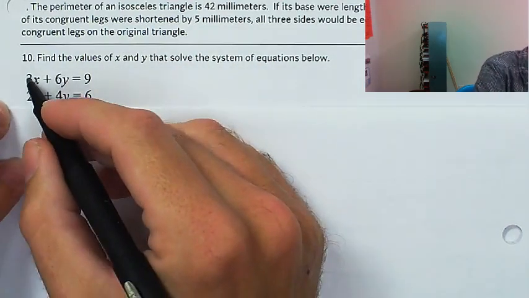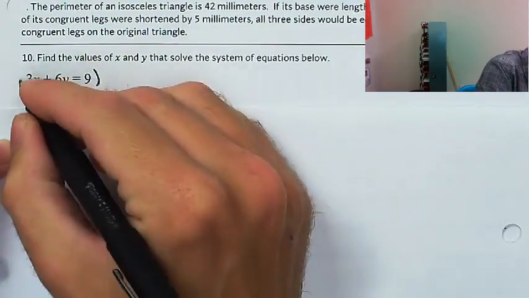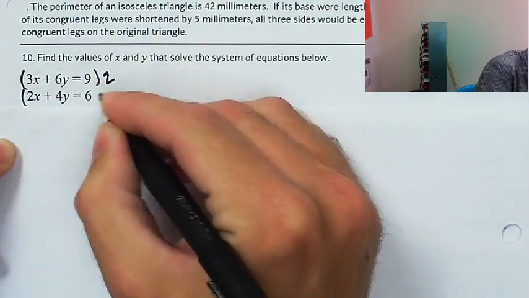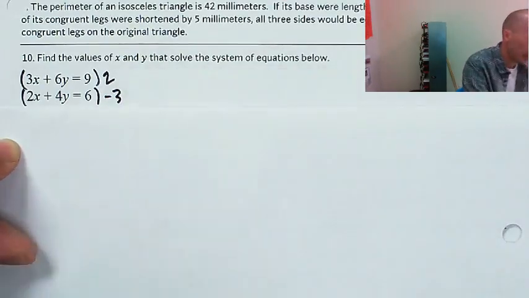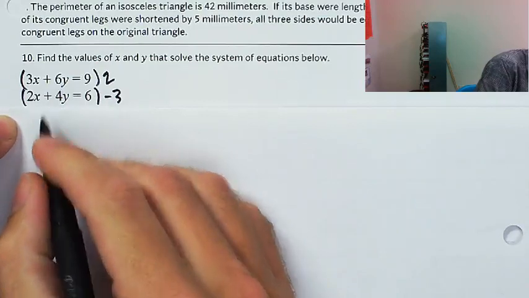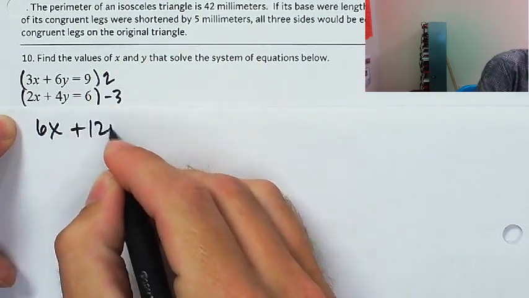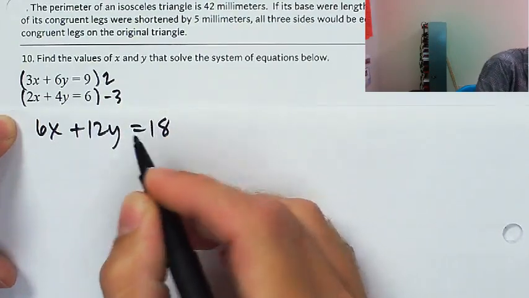So because 2 and 3 don't have any common factors, I'm going to multiply this equation by 2 and this equation by negative 3. Okay, because that will give me 6x and negative 6x. So when I do that, I'm going to have 6x plus 12y equals 18.